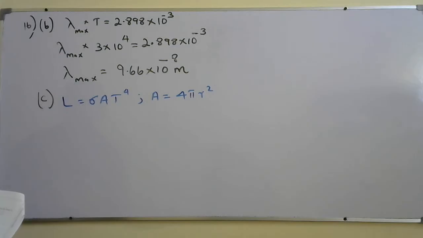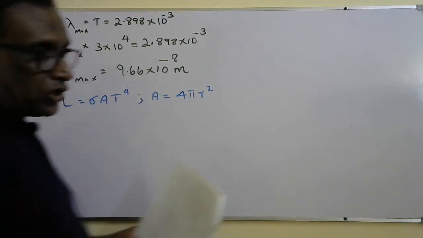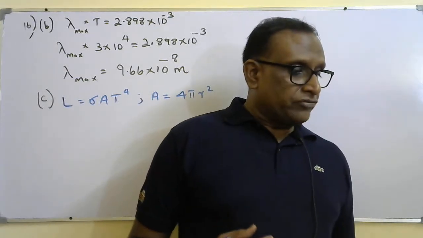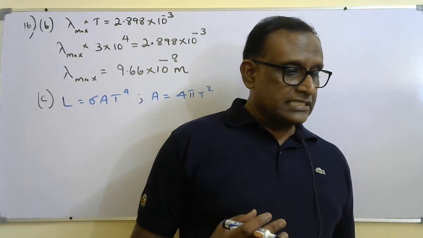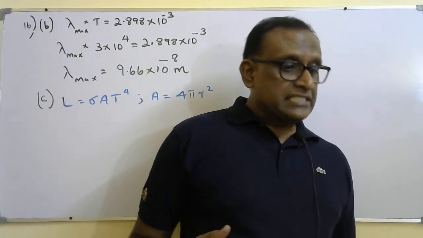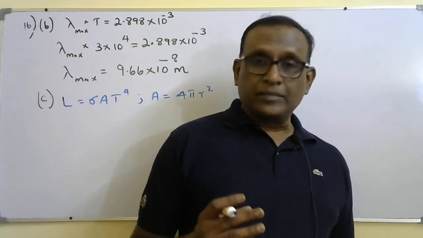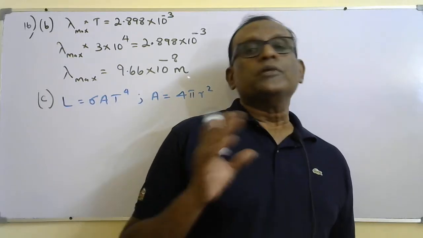L is given for Alnilam as 5.37 times 10 to the power 5, which is the relative luminosity, over the luminosity of the sun. To find its actual luminosity, we should multiply 5.37 times 10 to the power 5 by the luminosity of the sun.